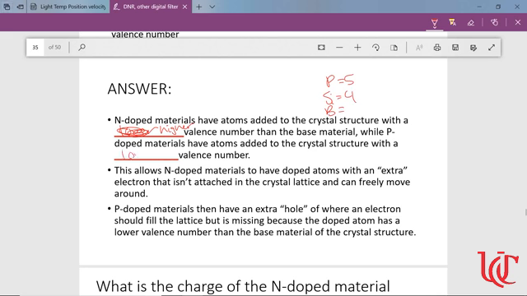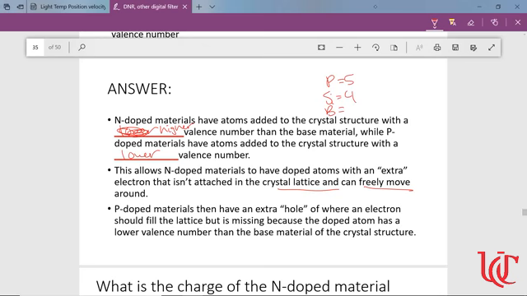Our P-doped materials have a lower valence number. So it makes our N-doped materials have an extra electron that isn't attached to our crystal lattice and can freely move. In that depletion zone, it will move. Our P-doped materials have an extra hole that should fill the lattice with an electron, since it's missing a valence electron. And so an electron will move into that hole from it.